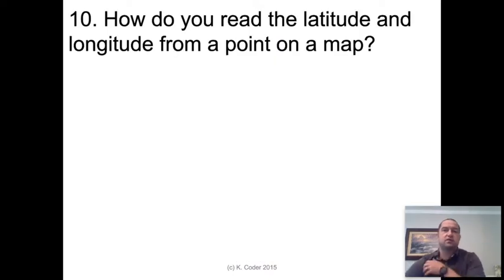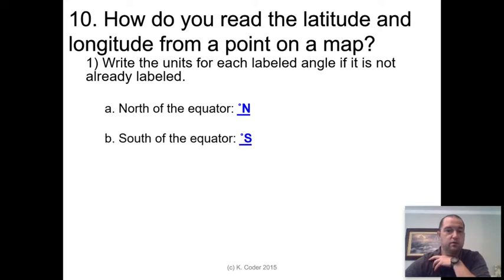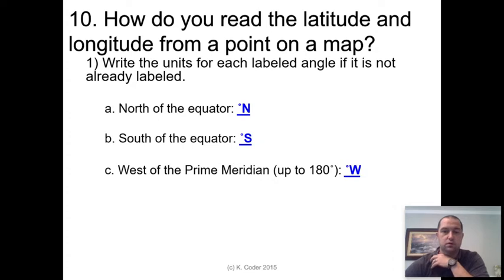So how do you read latitude and longitude on a map from a point on a map? First, we're going to write the units for each labeled angle, if it is not already labeled. If it's north of the equator, we're going to have degrees north. If it's south of the equator, we'll have degrees south. After that, we'll do our lines of longitude.